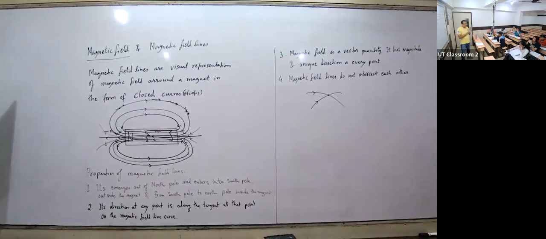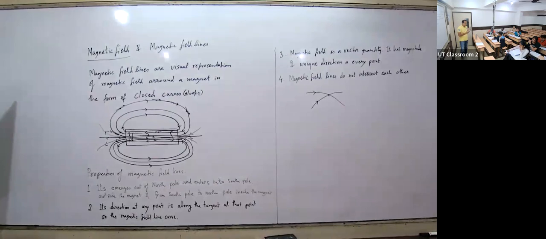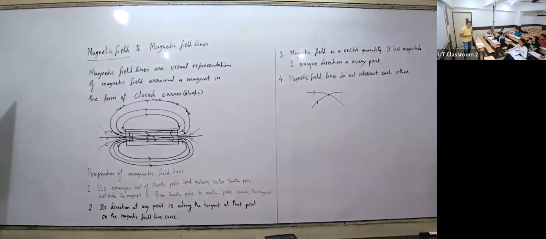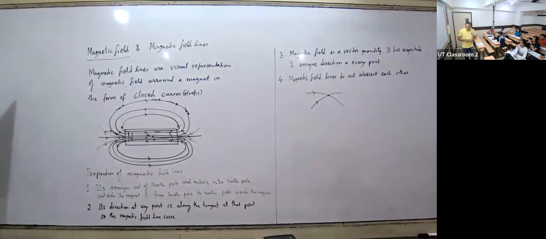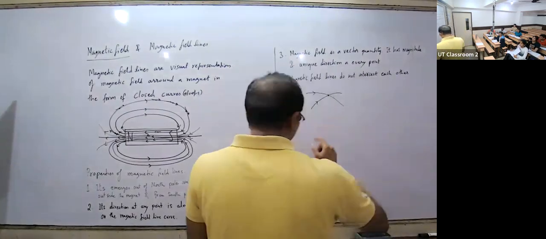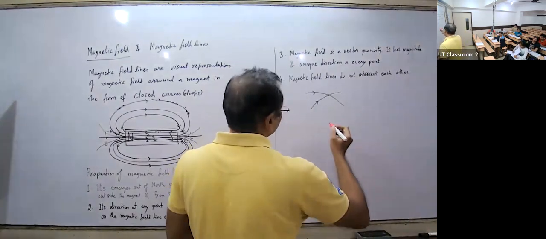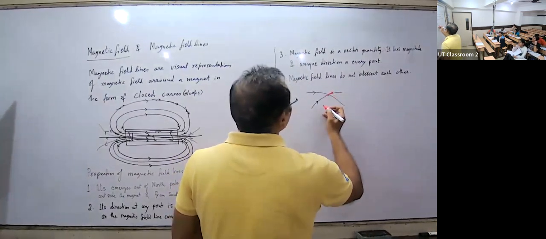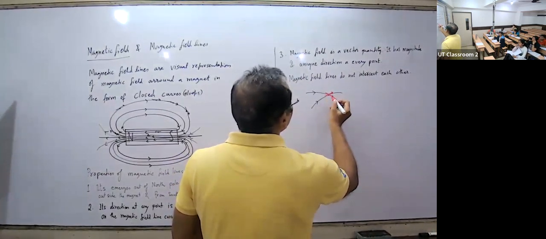Read point 3. So this is not allowed, because it has unique direction. So here is the direction unique at this point of intersection? Because at this point you can have a tangent in this direction also, in this direction also.